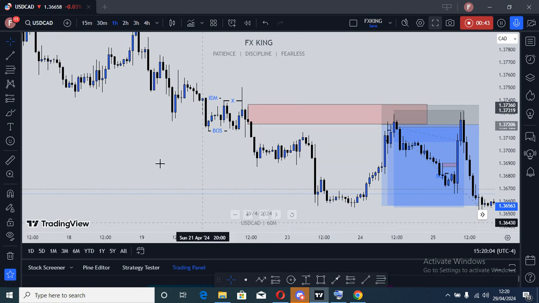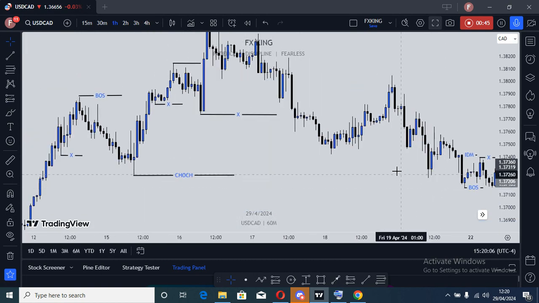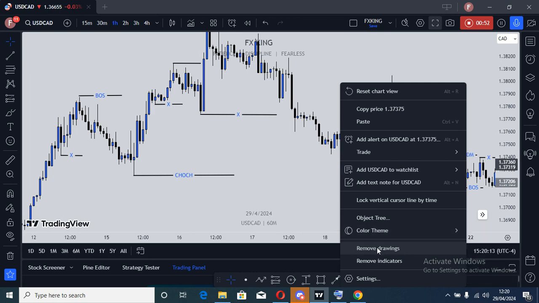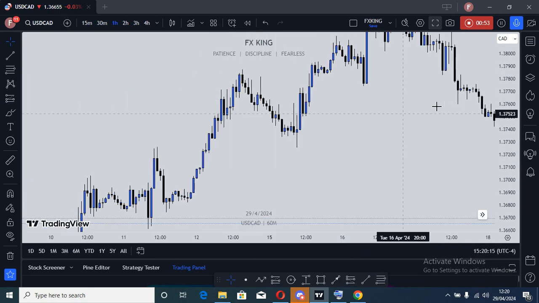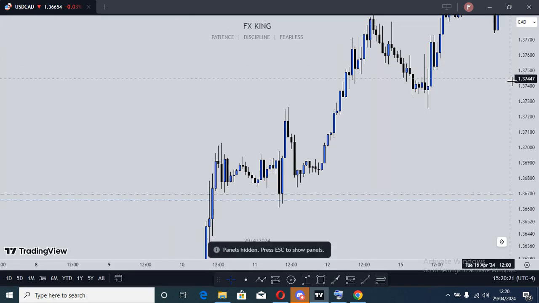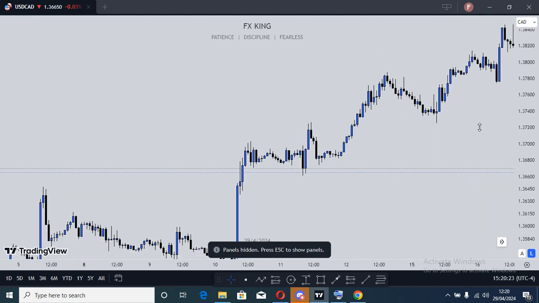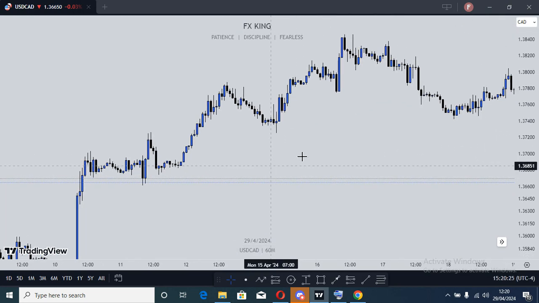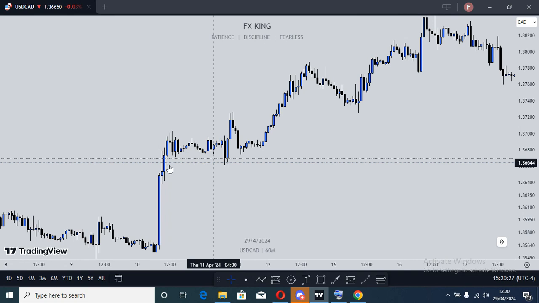Now let's take a look at the chart. Of course, we'll clear everything from this chart and remove all drawings. At this point in time in the chart, we see that we are extremely bullish.